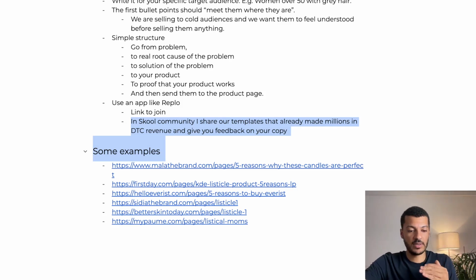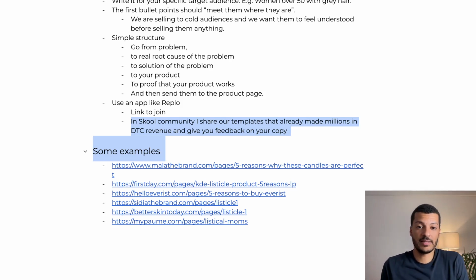So you could literally copy paste the listicle templates that I've validated with now millions in DTC revenue that went through those listicles. And I can also give you feedback on your copy one-on-one, so that you can come up with some killer listicles and see how this impacts your performance.